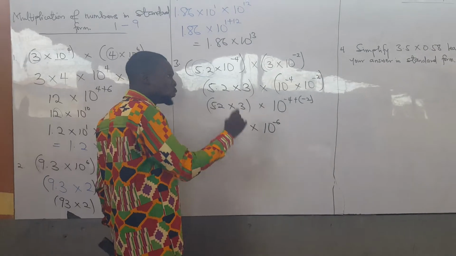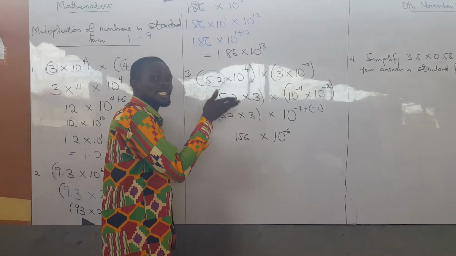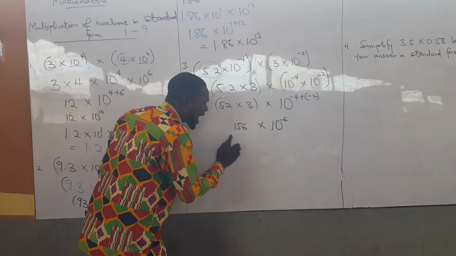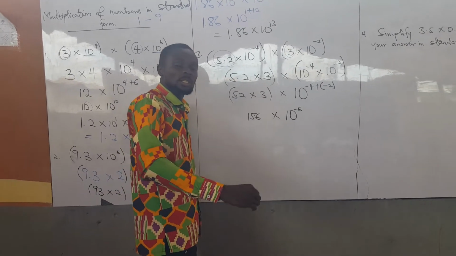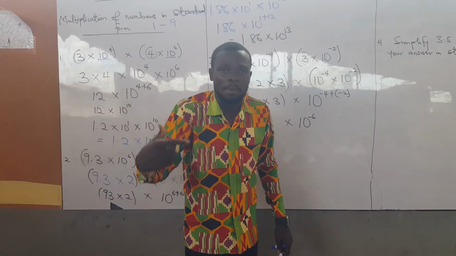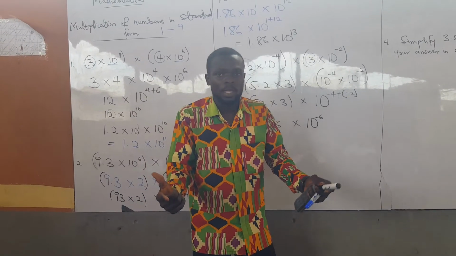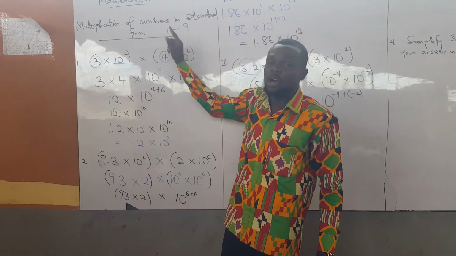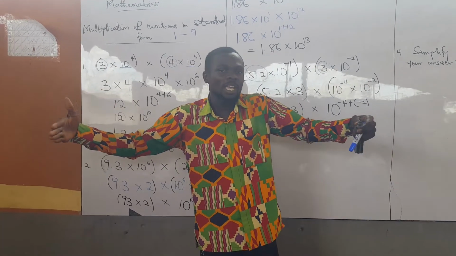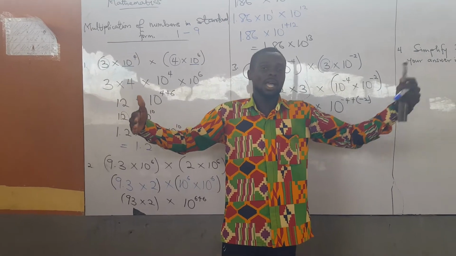But we can't stop or end here, because this number is not within the ranges we were told that show that a number is in standard form. We were told that the ranges are from 1 to 9, or they are between 0 and 10.